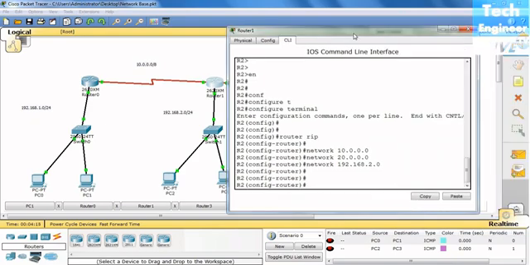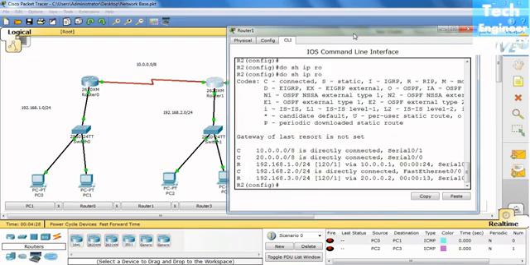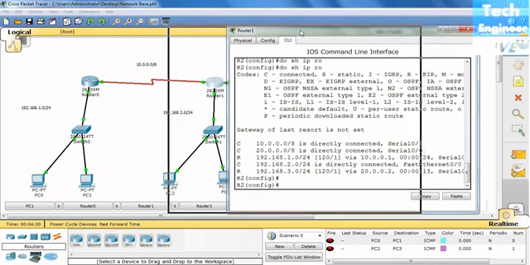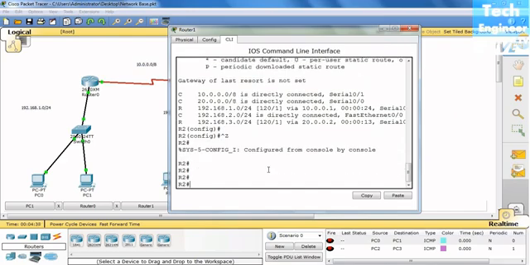Okay, routing is done, but we enabled RIP version 1. Let me show ip route. So routing is enabled, no doubt about that. We can see routing is enabled. The fast Ethernet ports are enabled, as we wanted.